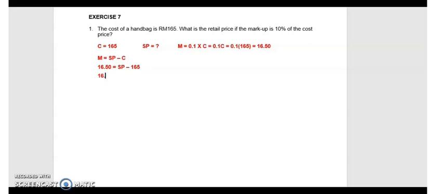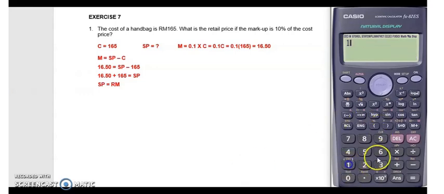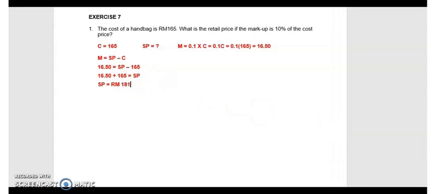So 16 ringgit 50 cent equals, or you make SP the subject. So negative, if you bring to the left hand side becomes plus 165 equals selling price. So selling price equals RM 165 plus 16 ringgit 50 cent, which is 181 ringgit 50 cent.